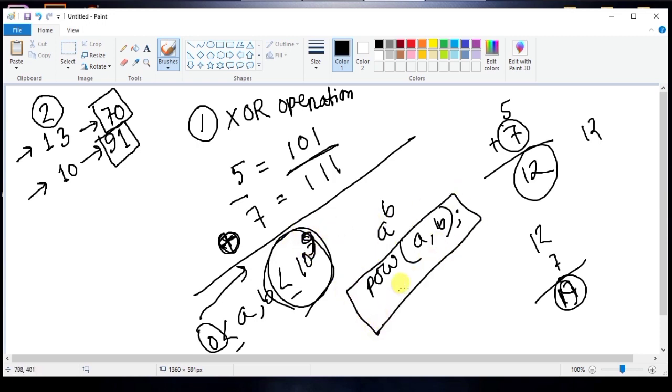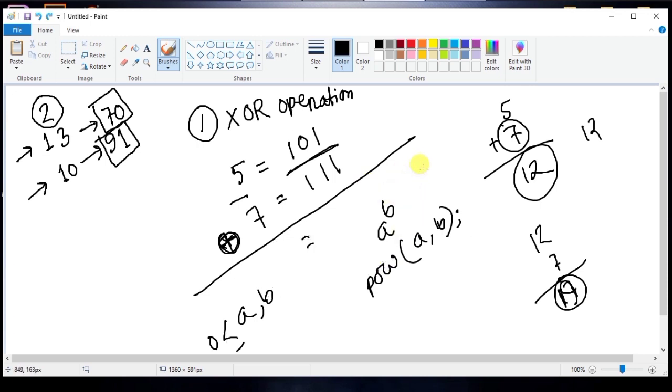So we can't use this power function of C++. We need to know what binary exponentiation is, and how it helps in calculating a raised to the power b. So I leave this to you guys. I hope you will learn it by yourself.